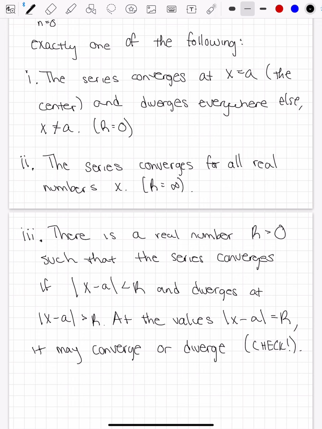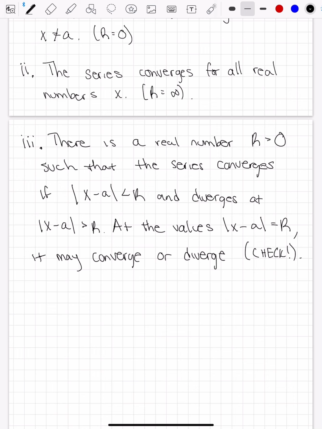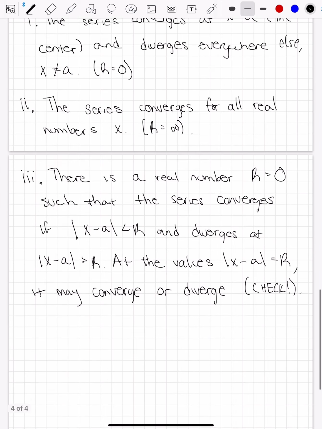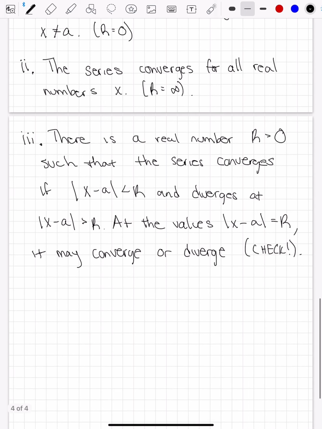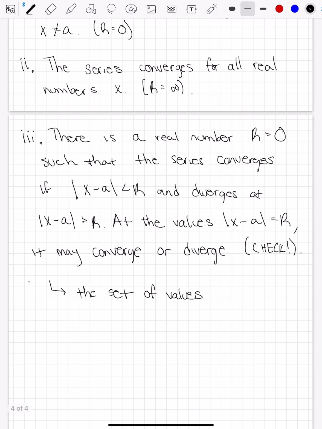Okay, so in this last case, the set of values, well, it's all the interval of convergence, but technically in case 1 it's only a point, and technically in case 2 it's the whole number line. So in case 3 is where we get an actual interval.